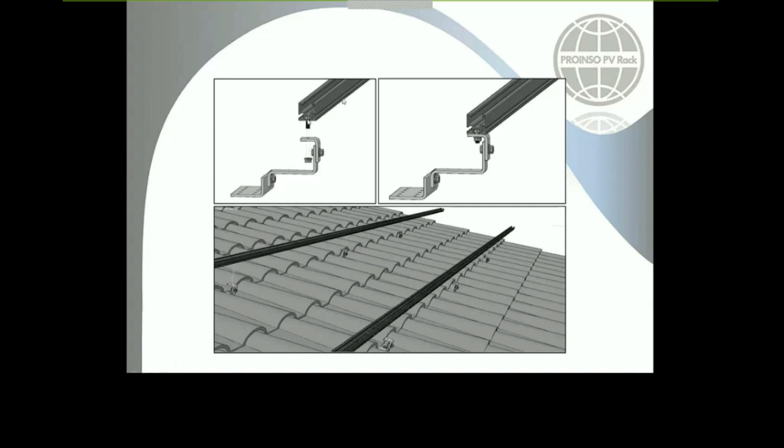Okay, so in this case, to install the rail, you just have to put one of the screws, slide it up to the correct position, and when you have placed it in the correct position, you just have to tighten it, screw it, and that's all. Go to the next one, and you will have your installation with already the rails.